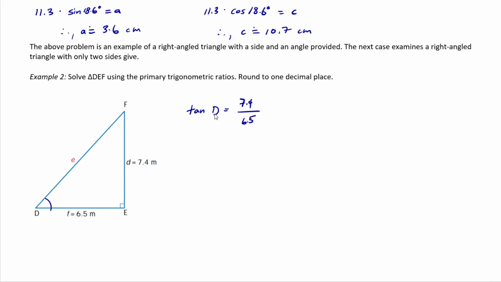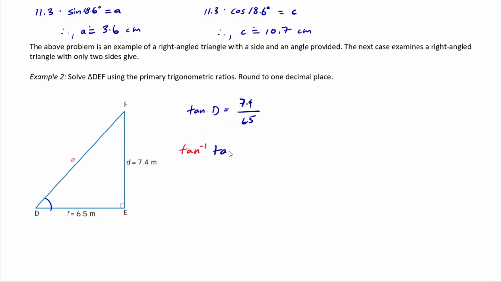If I want to isolate for D, I have to remove the operation of tan. Undoing the operation of tan requires me to use the inverse tan ratio, and we write it like this: tan to the power of -1. That does not mean 1 over tan, that just means the inverse of tan.